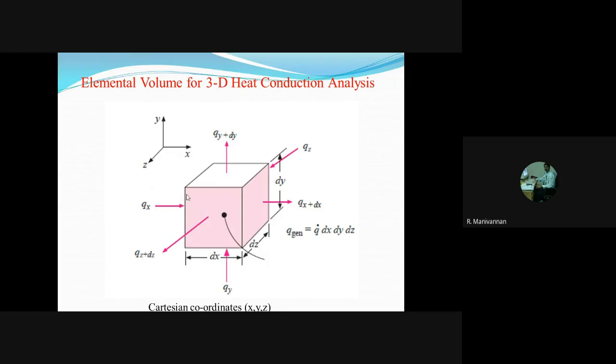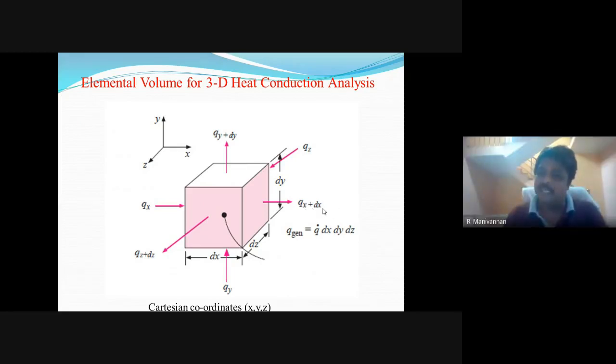There are 6 surfaces: 3 for the energy in and 3 for the energy out. The energy conducted in the x direction is qx, and the energy leaving at the other end in the x direction is qx+dx.